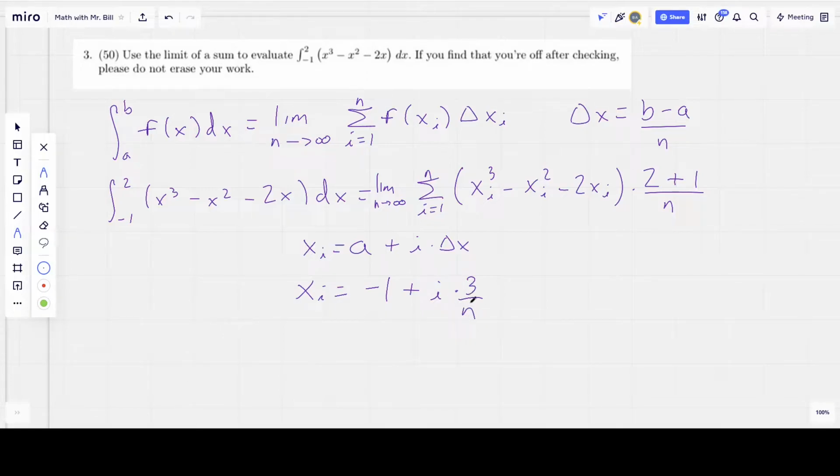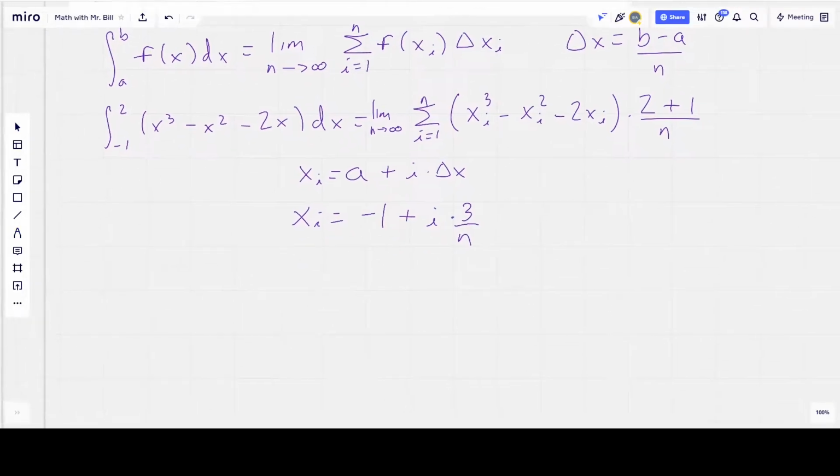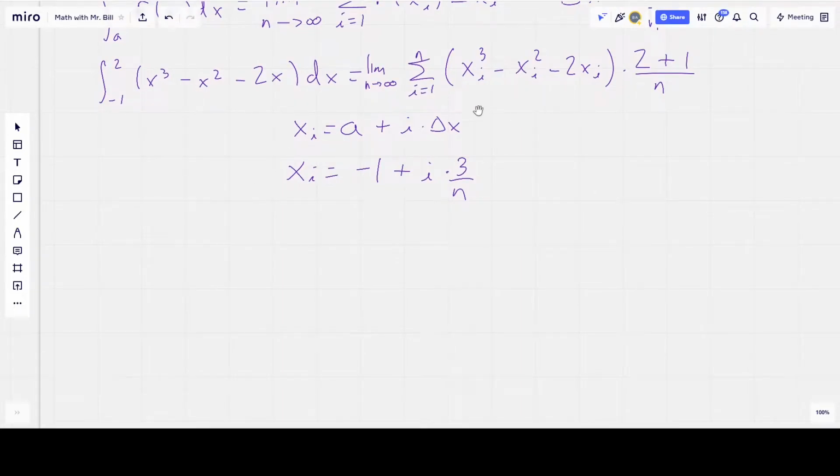Now we're going to plug this in for each of our x sub i's, and we're going to get a fairly decent mess, but it's going to be a workable mess. We just have to take it one piece at a time. This problem is not a short one, generally, but if you know each step, it generally turns out to be a doable one.